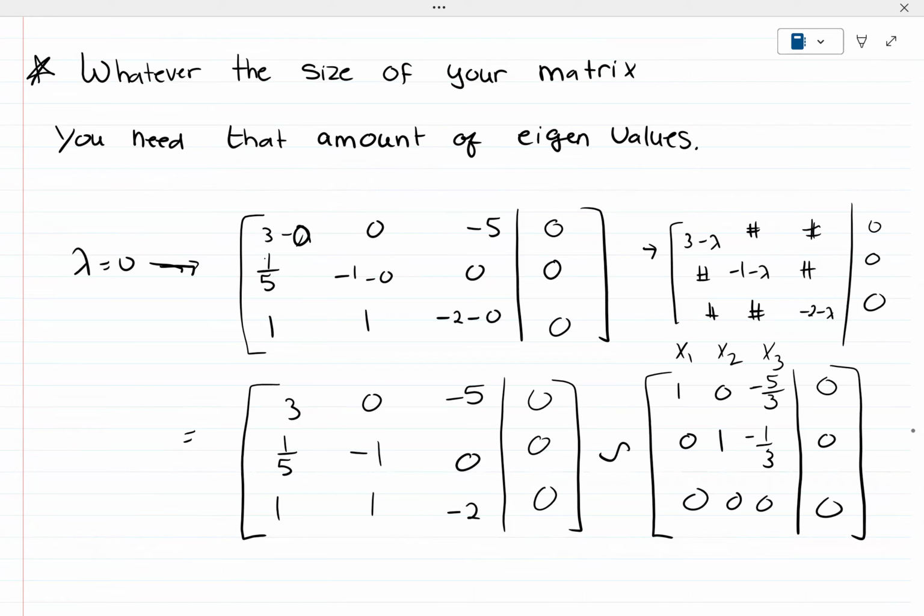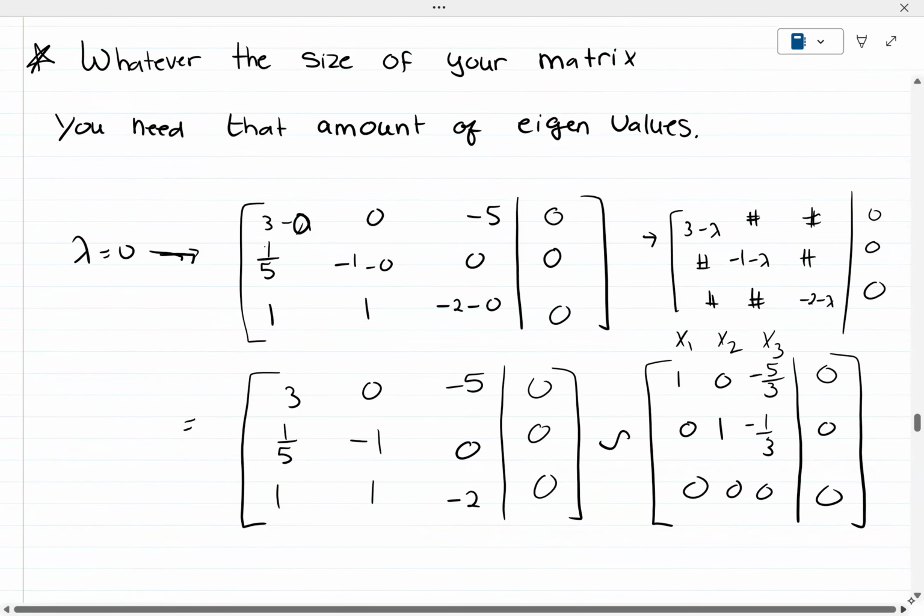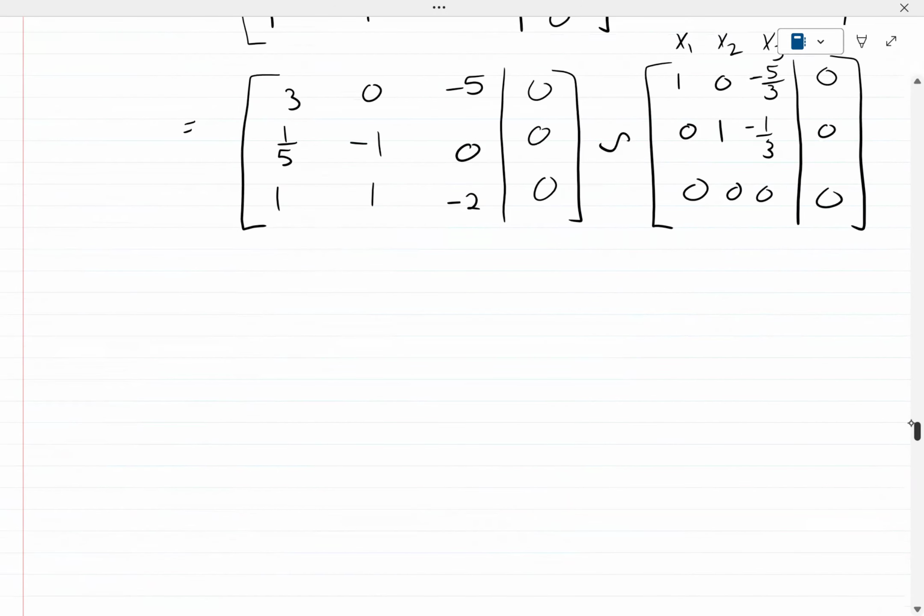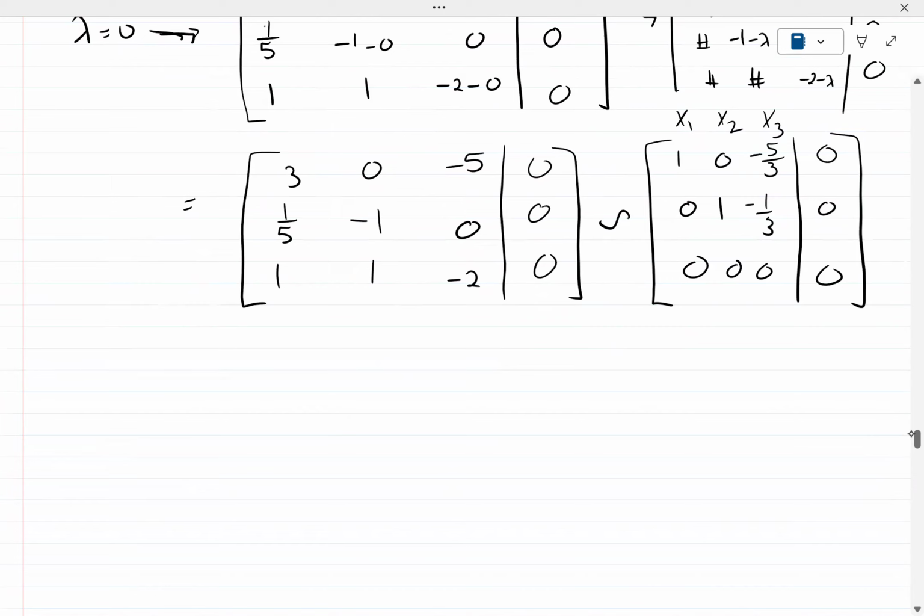So what that means is, x1 is equal to negative 5/3 x3, and then x2 is going to be, oops, this is positive because, yeah, and then x2 is positive 1/3 x3.